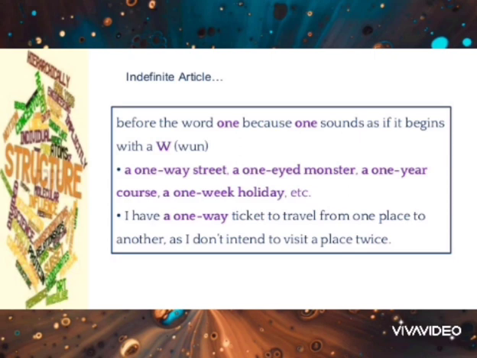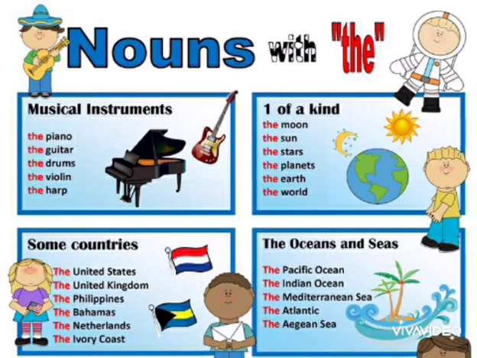A one-year course, a one-week holiday, etc. I have a one-way ticket to travel from one place to another, as I don't intend to visit a place twice. So I hope I have made it clear why you have to use a before the sound that sounds like W, one.